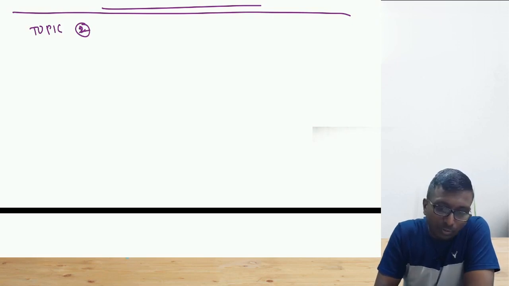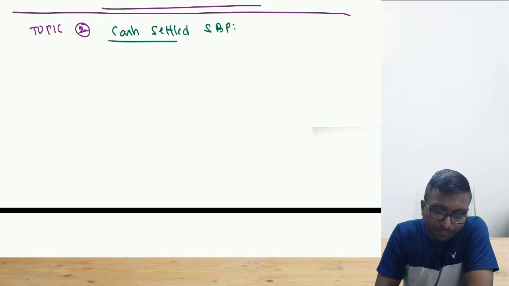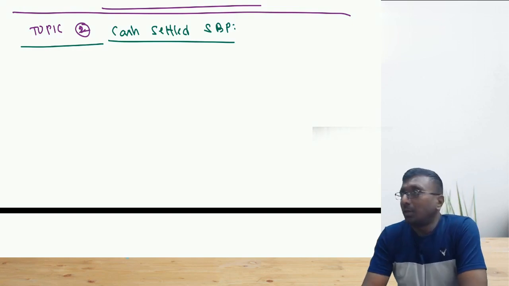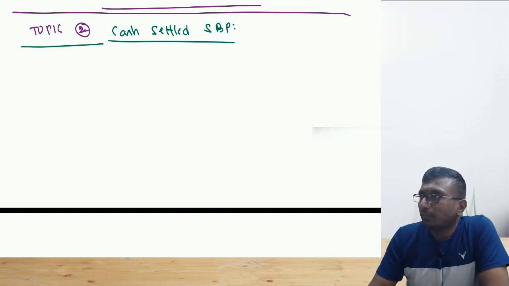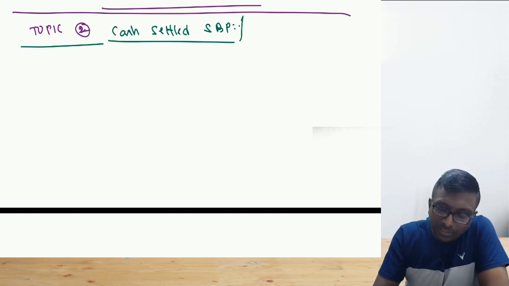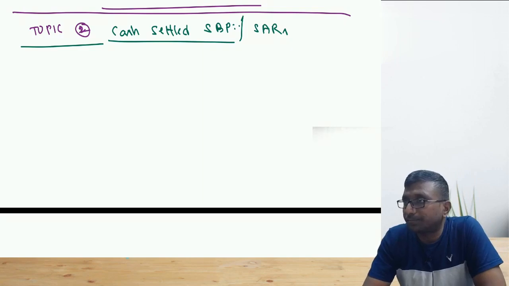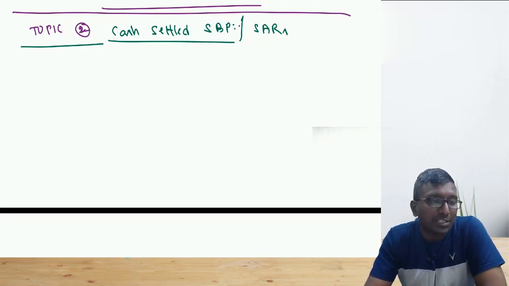Topic number 2: cash settled SBP. Another name for this is SAR, SARs. What is SAR?